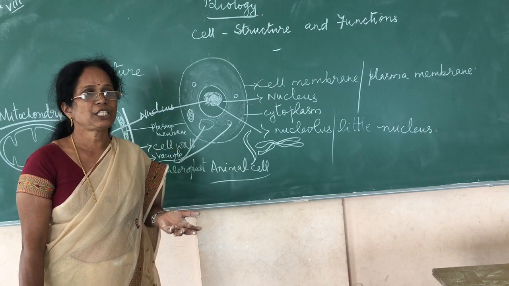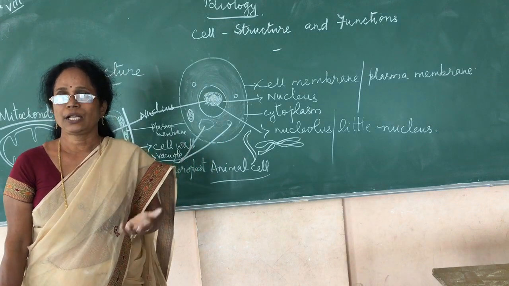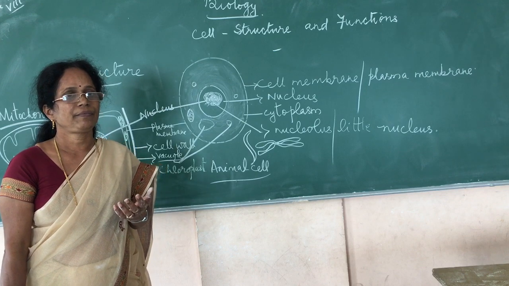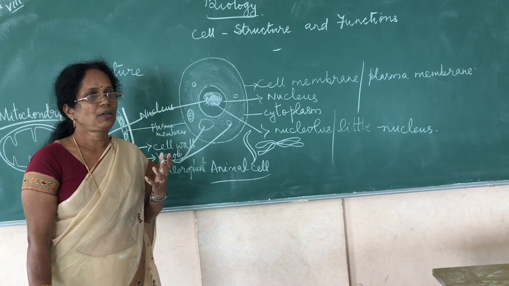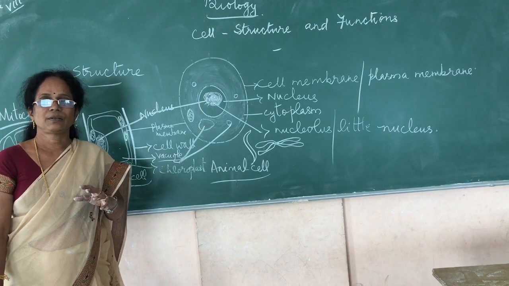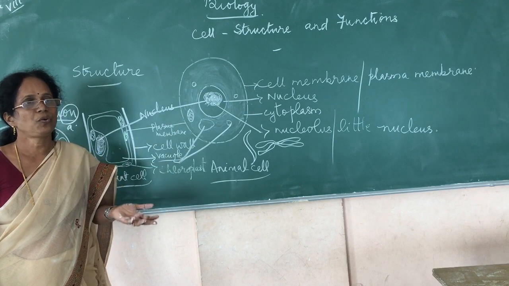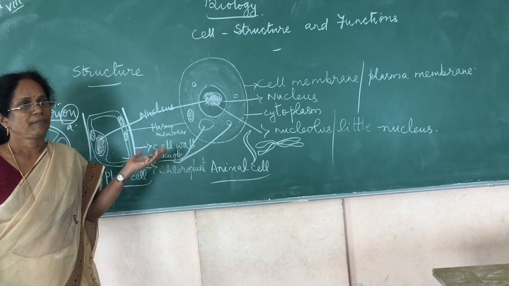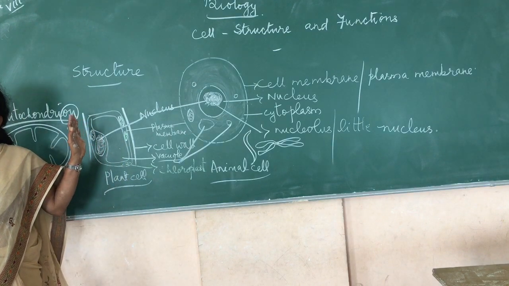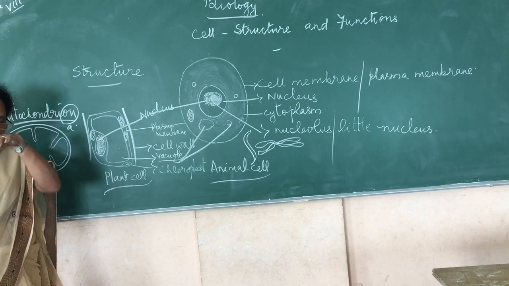Cells present in the muscle cells, cells present in the bones, connective tissues, bone tissues, tendons, ligaments. Those all connect the bones with the bones, the muscles with the bones. All these, the cells present in the fats, the cells present in the cartilage.